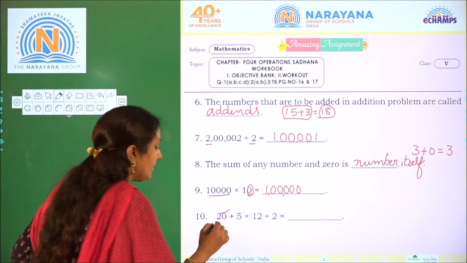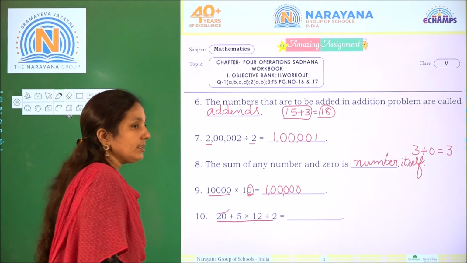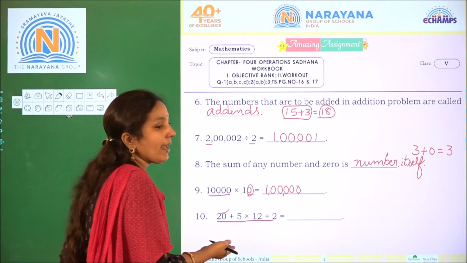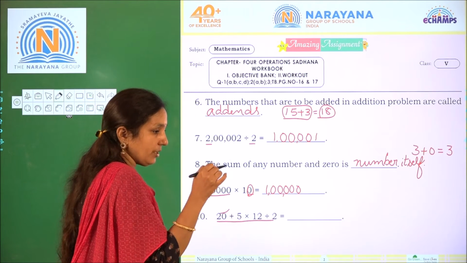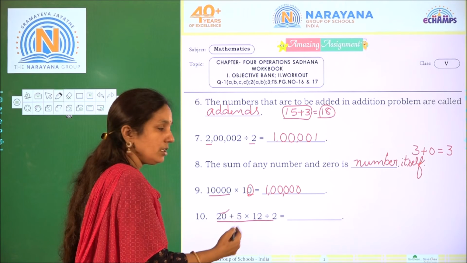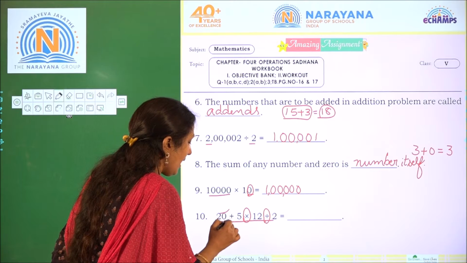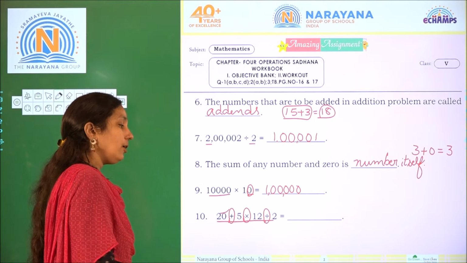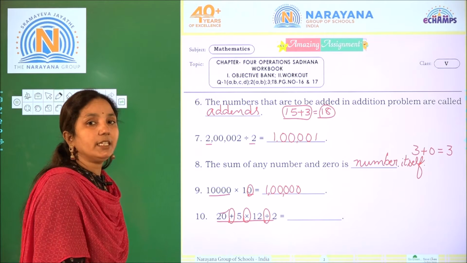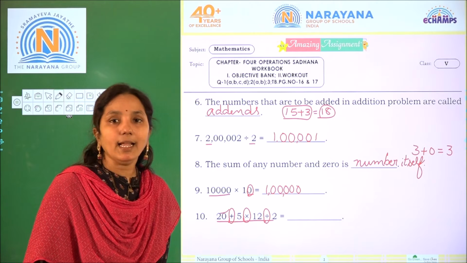Now coming to here we have to apply the BODMAS rule. Is there any brackets? No. Is there of? No. So we have division, multiplication and addition. So BODMAS or DMAS. Which operation will we do first? Division, multiplication, then addition.